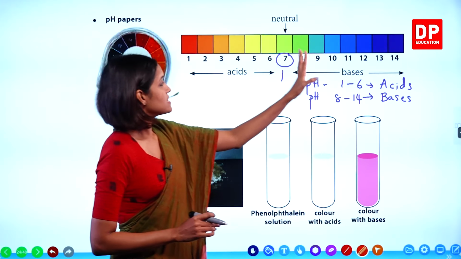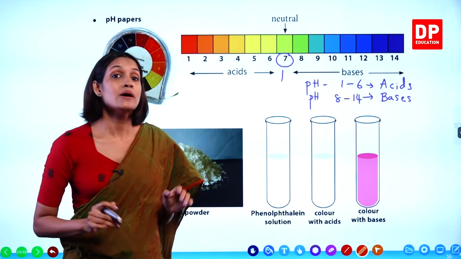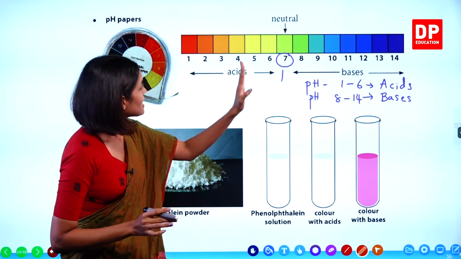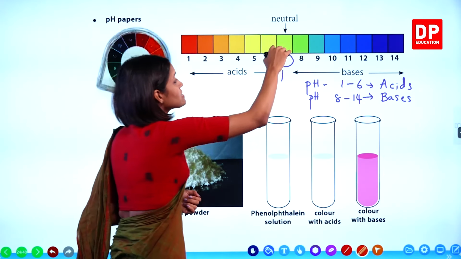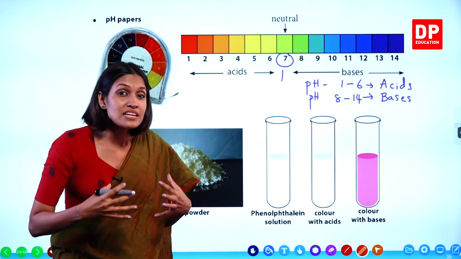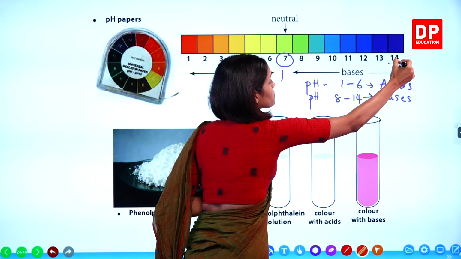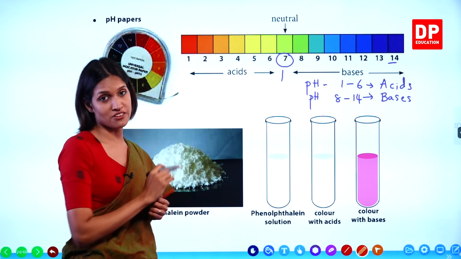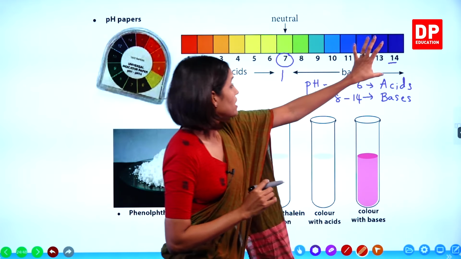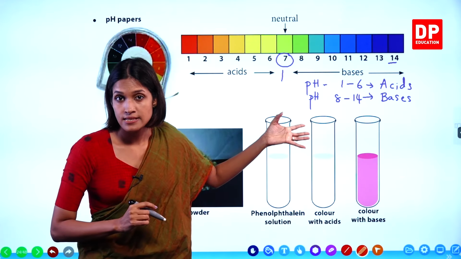What about the bases side? So from pH 8 to 14 come in under bases. Now again, as I told you, when these numbers go away and away from 7, the basic nature increases. It means, now look at this 14. 14 is away from 7. Right? pH 12, 13, 14 belong to strong bases.